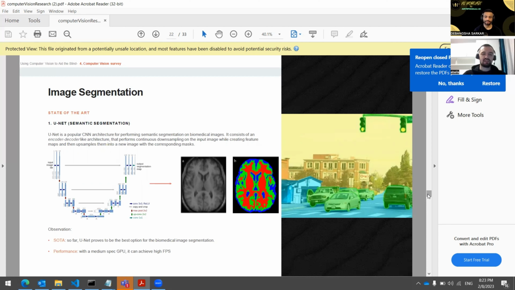The architecture is like an encoder-decoder type of system that continuously downsamples the input image, and it also creates feature maps. And then from these feature maps, it upsamples them into a new image with the corresponding task.